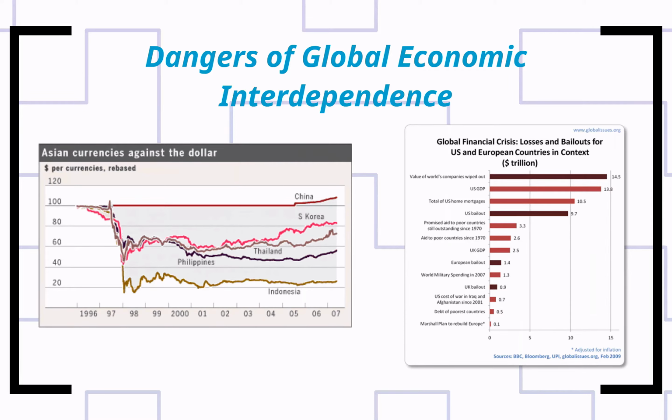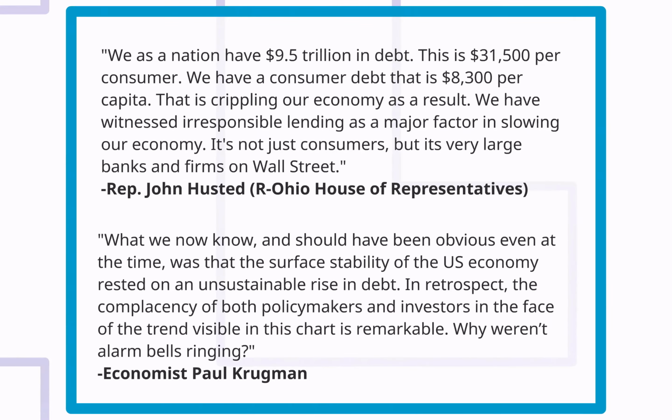So it's the worst crisis that we've experienced since the Great Depression, and the recovery has been more protracted. Right. This was a crisis that was set in motion by the degree of economic interdependence.